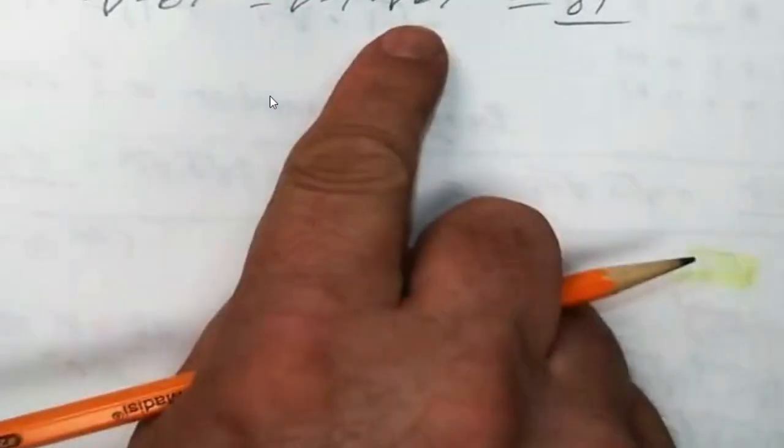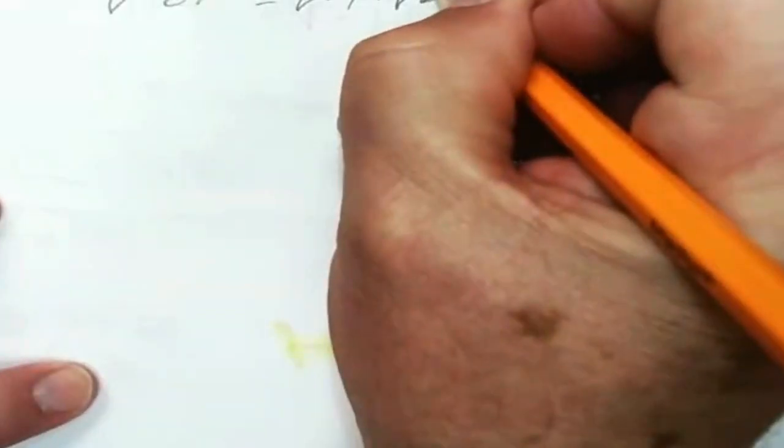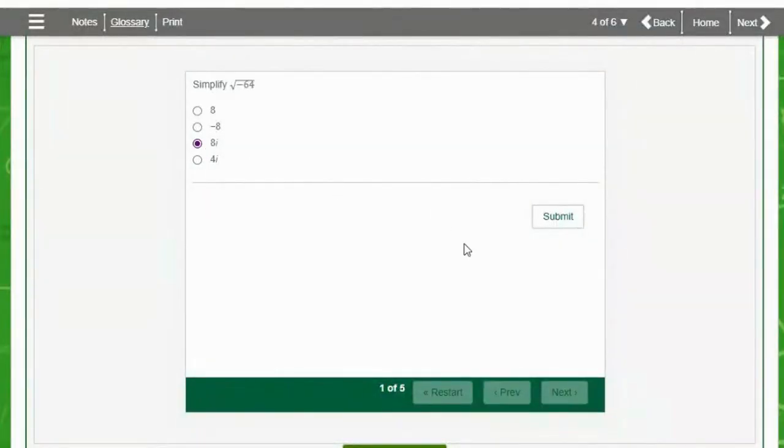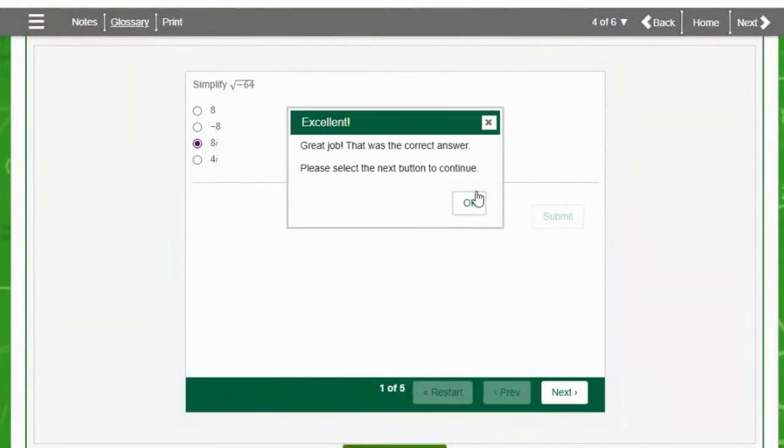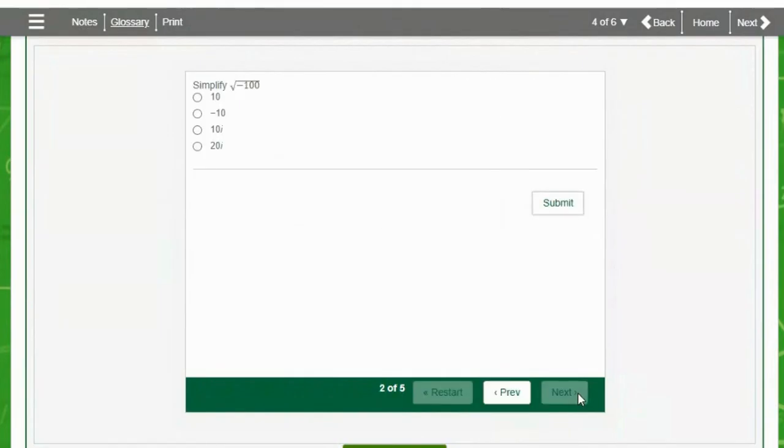That one, we can simplify it to an 8, because the square root of 64. 6 needs to look more like a 6 there. There we go. So all we have to do is choose the 8i. That's it. And there's 5 of these.